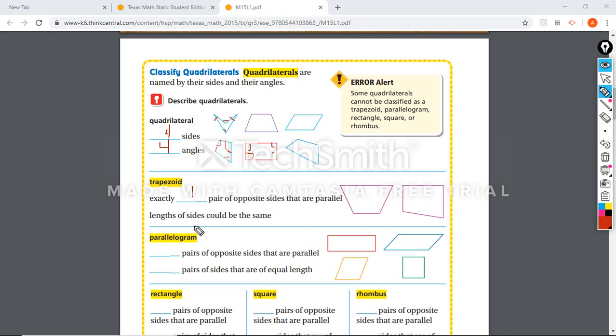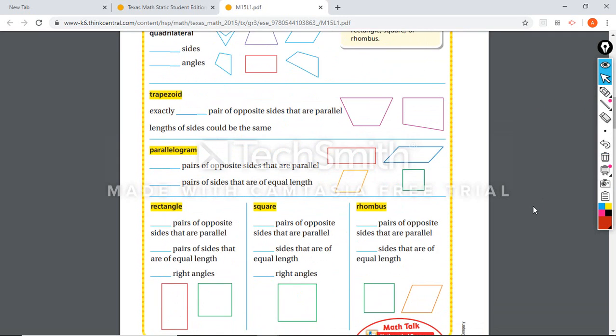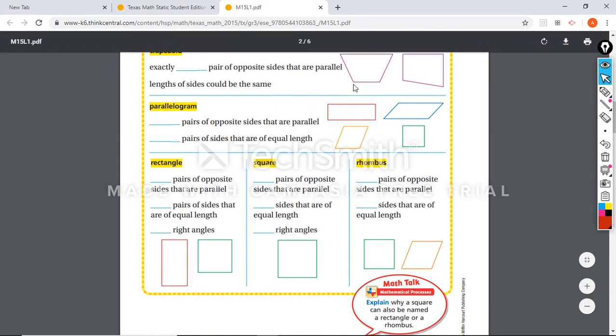The lengths of the sides don't have to be the same. They could be, but they don't have to. So this is the parallel lines that you have. For this one, this line right here and this one right here are parallel. So this is a trapezoid.